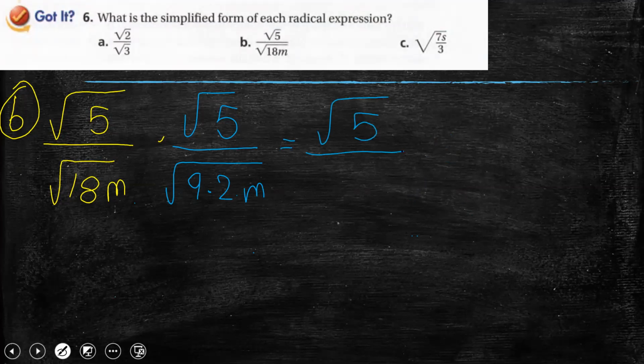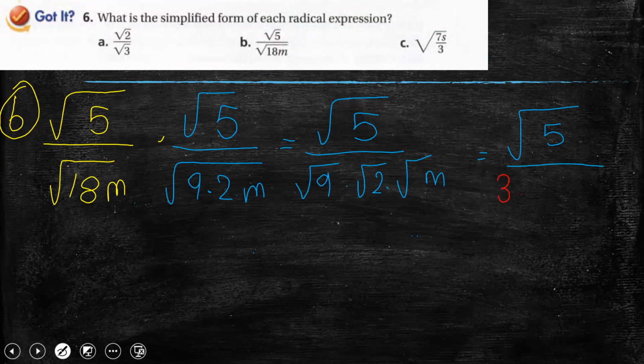Look down here. We have square root of 9 times square root of 2 times square root of m. What is the square root of 9? 3. Square root of 2, keep it as it is. And the square root of m, keep it as it is and combine them. So what did I get here now? I have square root of 5 over 3 times square root of 2m.